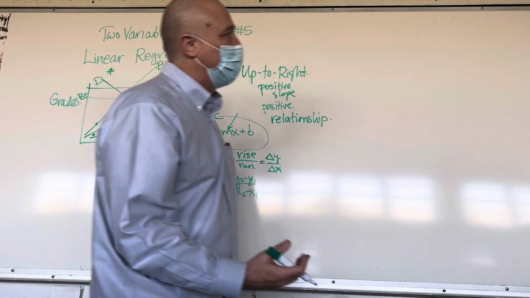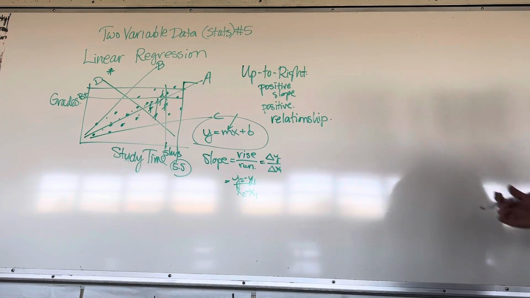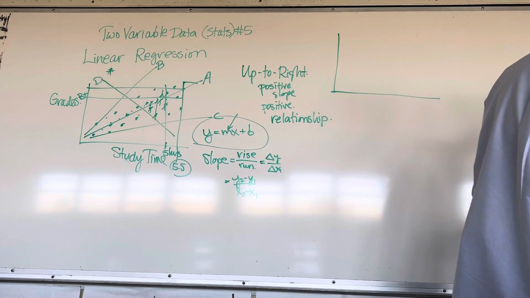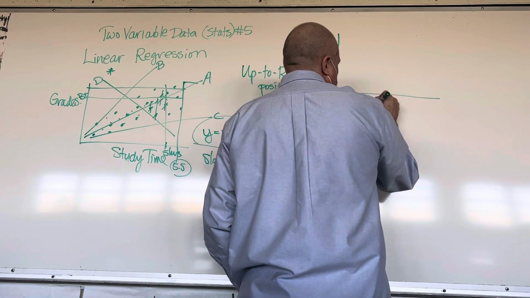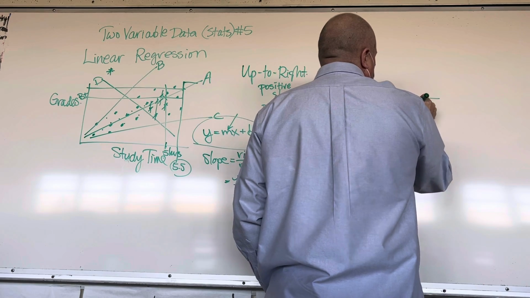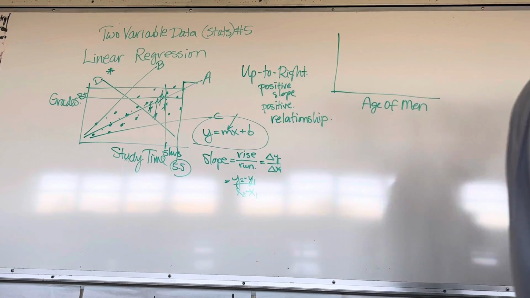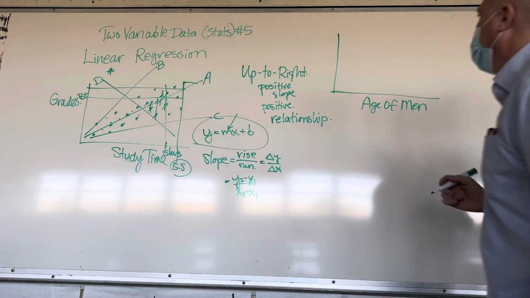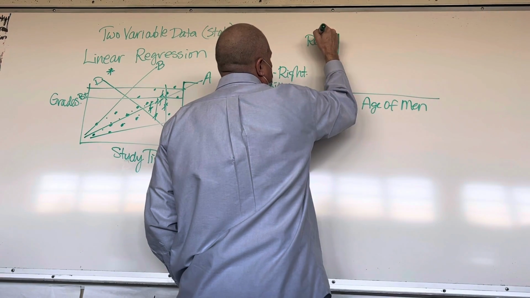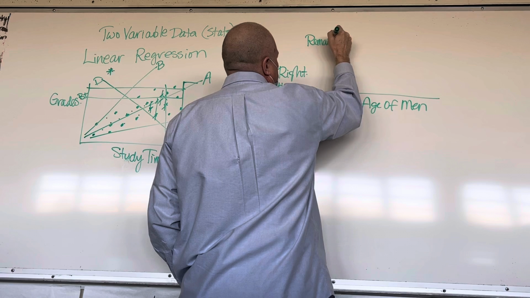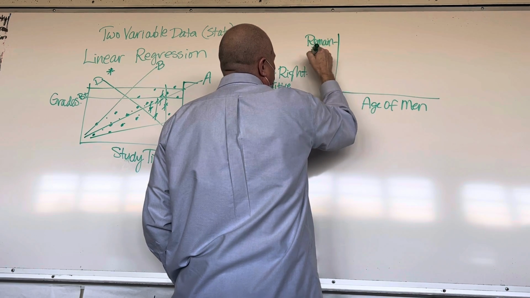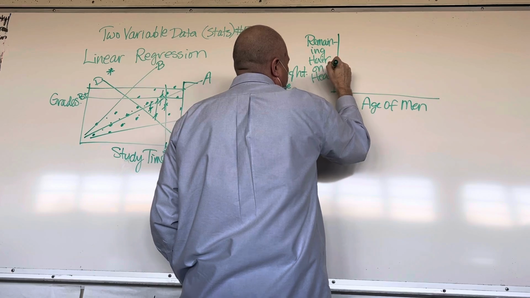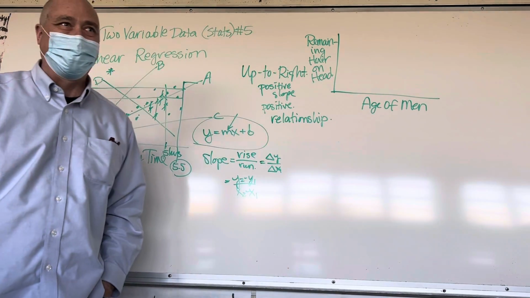In a positive relationship in this context, that's what it is. And I want to emphasize that because I love my next example, or maybe I don't love it. Age of men, and remaining hair on their head. Man, this is tough. Okay, here's our next example.